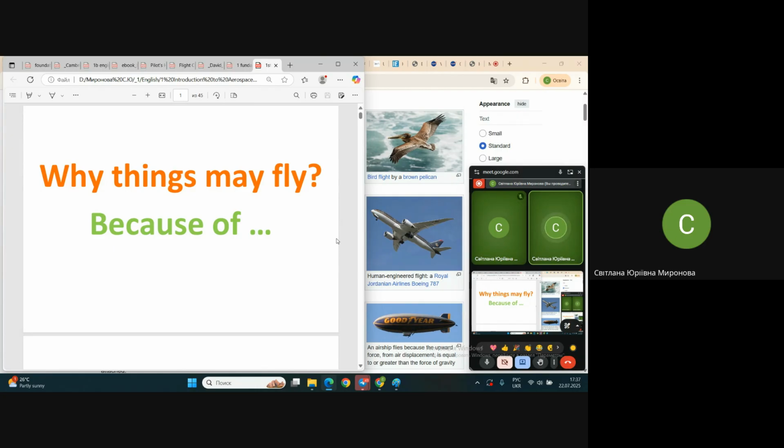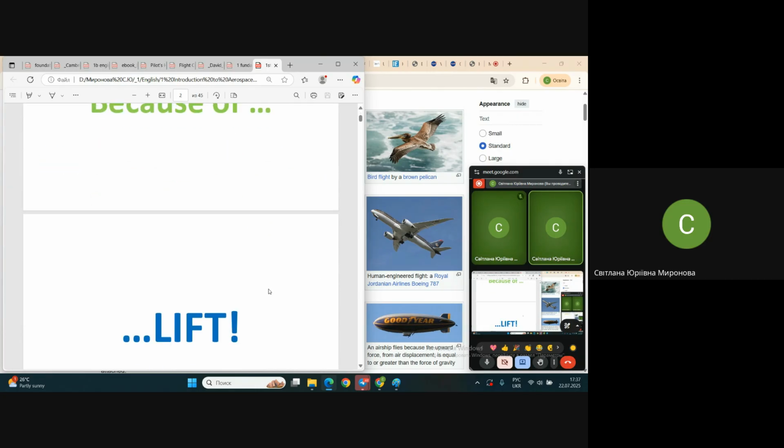But why may things fly? What keeps them in the air? Well, mostly we'll talk about air, of course, because your specialty is not rocket design. Your specialty is aircraft, airplane and helicopter design, as far as I understand. So what keeps things in the air? Lift.